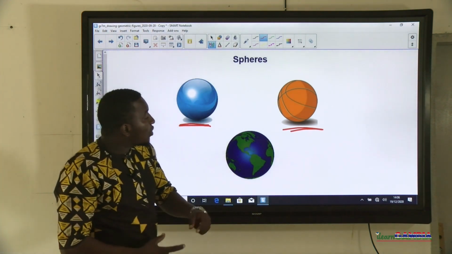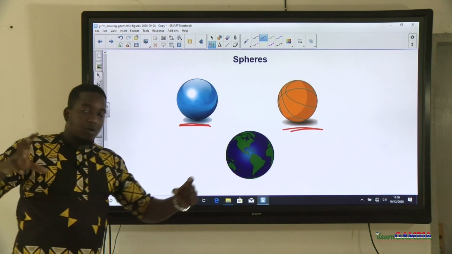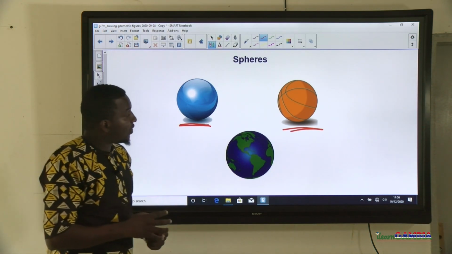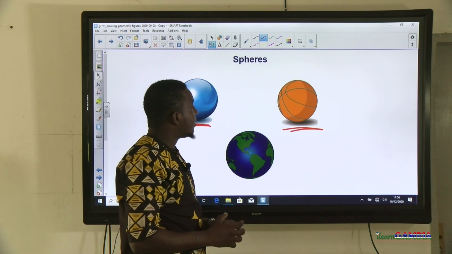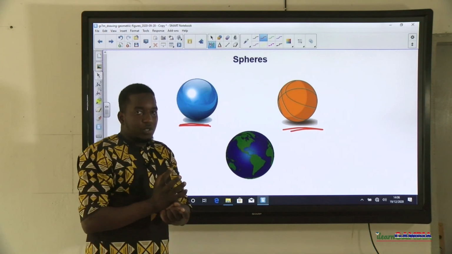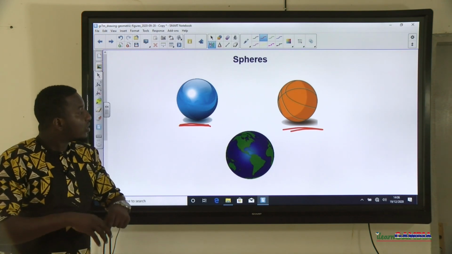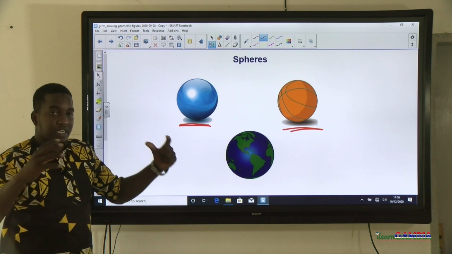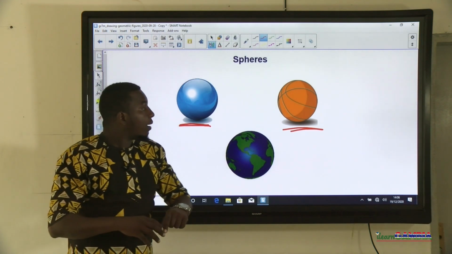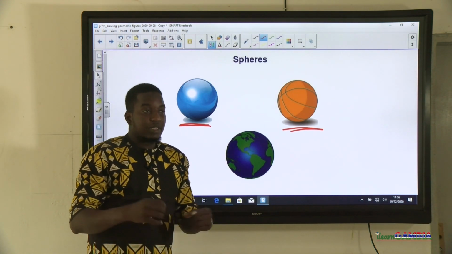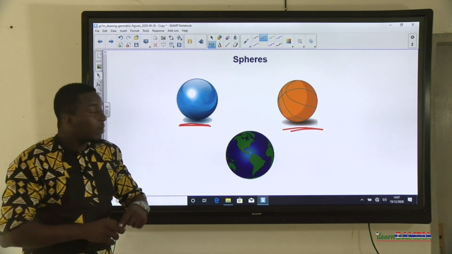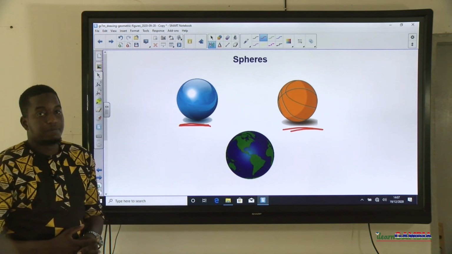If you come across a basketball, be it big or small, if you observe it very well, you realize that the basketball is perfectly round. So it is considered to be a sphere. So those are some of the objects that you can find in our community, in football pitches, in basketball pitches, to classify them as a sphere.